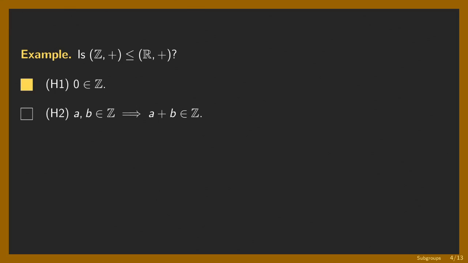Yes, because the sum of two integers is an integer, so axiom H2 is satisfied. Last but not the least, if A is a real number which is an integer, the inverse under addition in this group is the negative, right? So is the negative of an integer another integer? Yes, and because these three conditions are satisfied, we can conclude that the set Z of integers is a subgroup of the set R of real numbers, of course under addition.